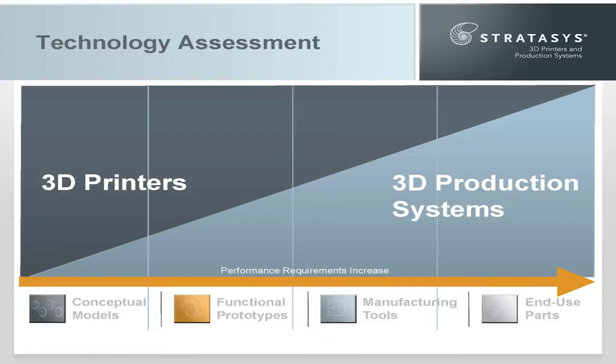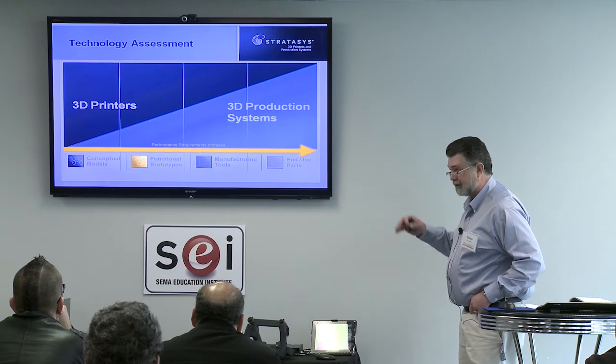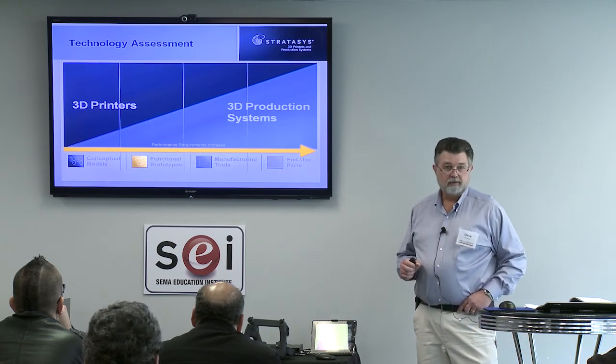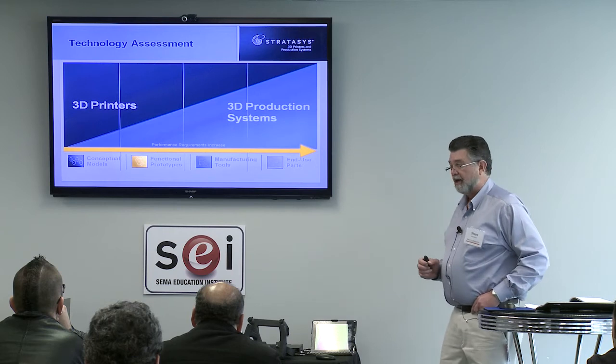Technology assessment. As you can see here, we have the conceptual, functional prototypes, manufacturing tools. They all work well across all the applications. 3D printers do great in the conceptual stage. They're fine in a functional stage, but as we get to manufacturing tools and end-use parts, not so much. 3D production systems excel there due to the different materials and the way we can build them.